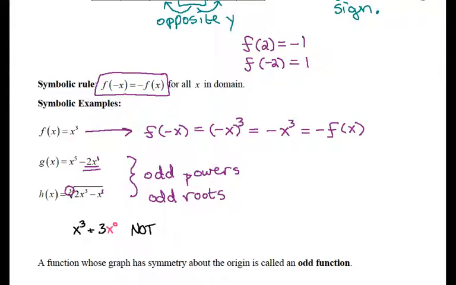So this does not have symmetry about the origin. Because of this close relationship between symmetry about the origin and odd powers and odd roots, we call these odd functions. Anything that has symmetry about the origin is referred to as an odd function.